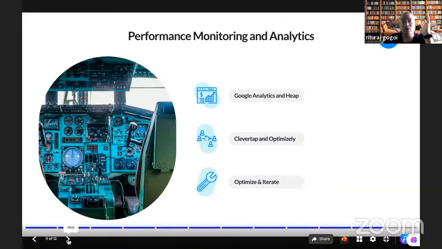Finally, using all this data that we were collecting on a real-time basis, and basis the experiments that we have been running, we iterated and optimized the existing flows that we had built so far. And that also determined our future milestones when it came to the product roadmap.